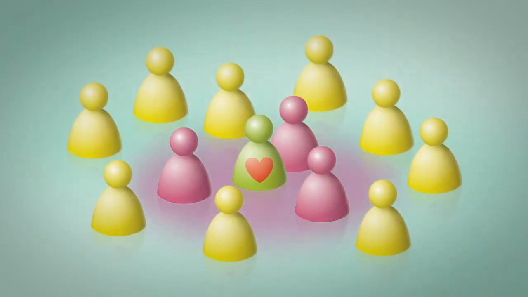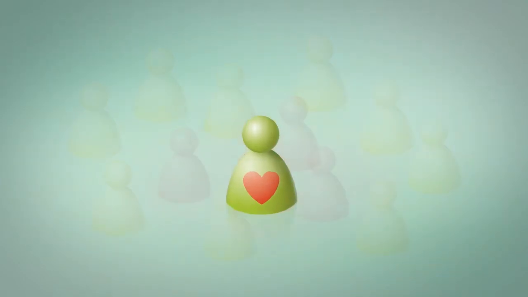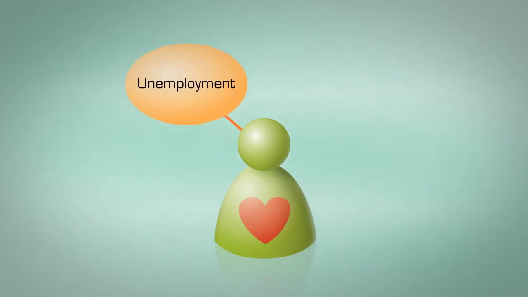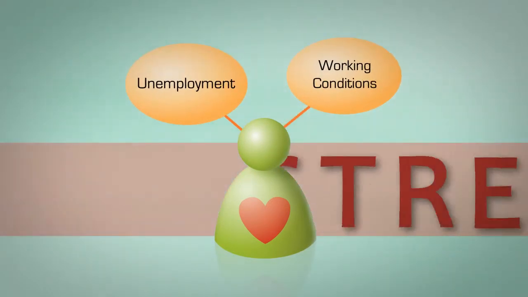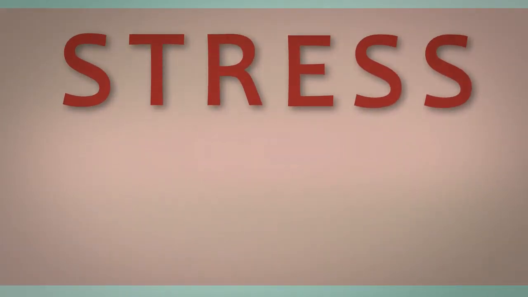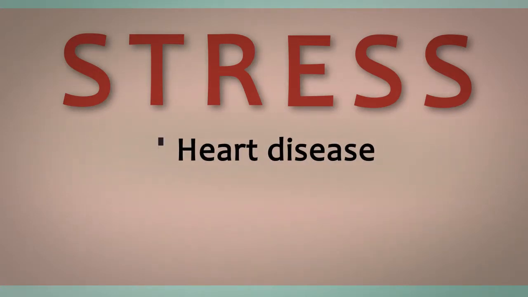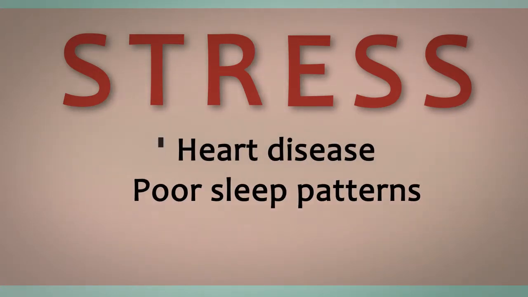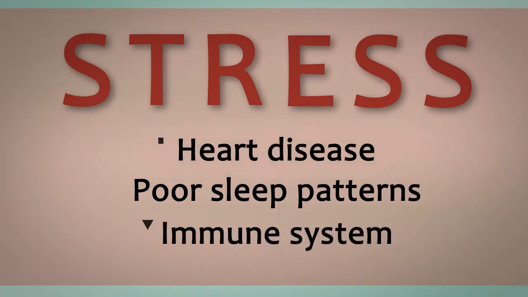These habits may be difficult to break. Let's take another example. Unemployment or poor working conditions create unstable life situations and cause stress to the individual. Stress has negative effects on health, increasing the risk of heart disease, causing poor sleep patterns, and weakening your immune system.